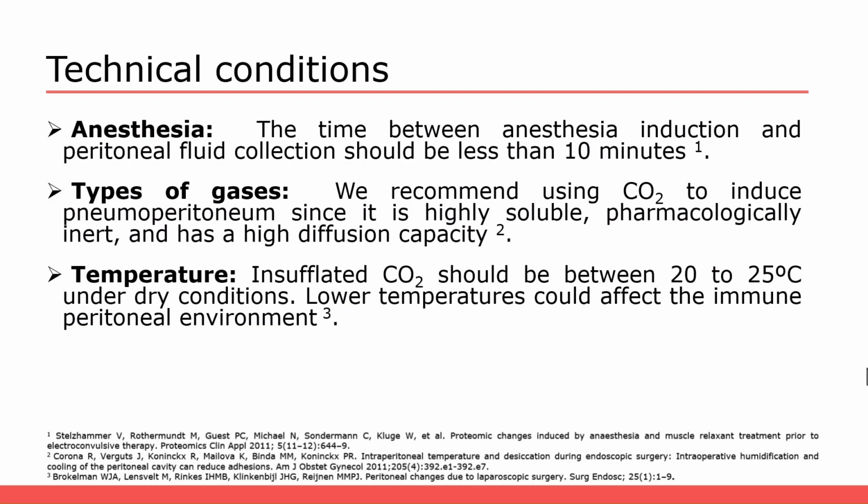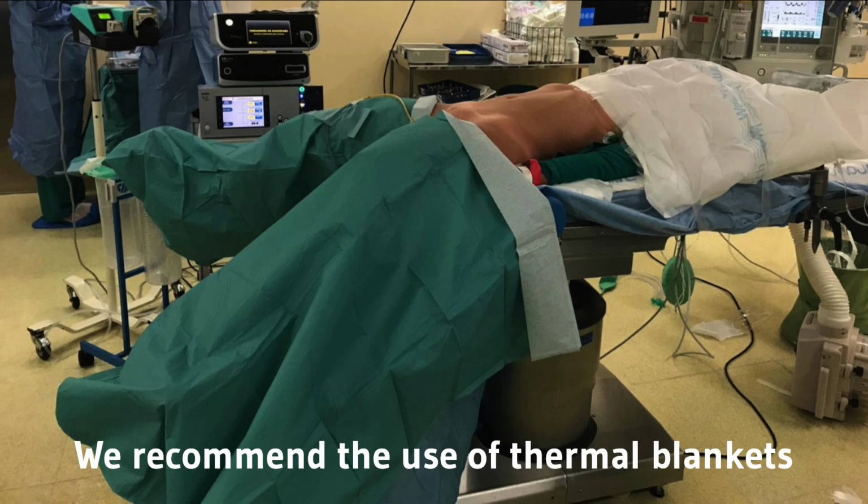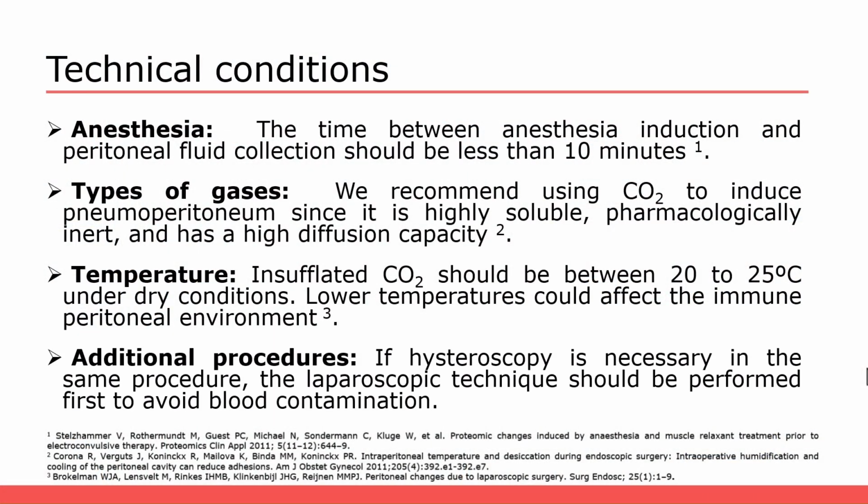Lower temperatures could affect the immune peritoneal environment. For this reason, we recommend the use of thermal blankets to maintain the patient's body temperature and minimize changes. Finally, if hysteroscopy is necessary in the same procedure, the laparoscopic technique should be performed first to avoid blood contamination.